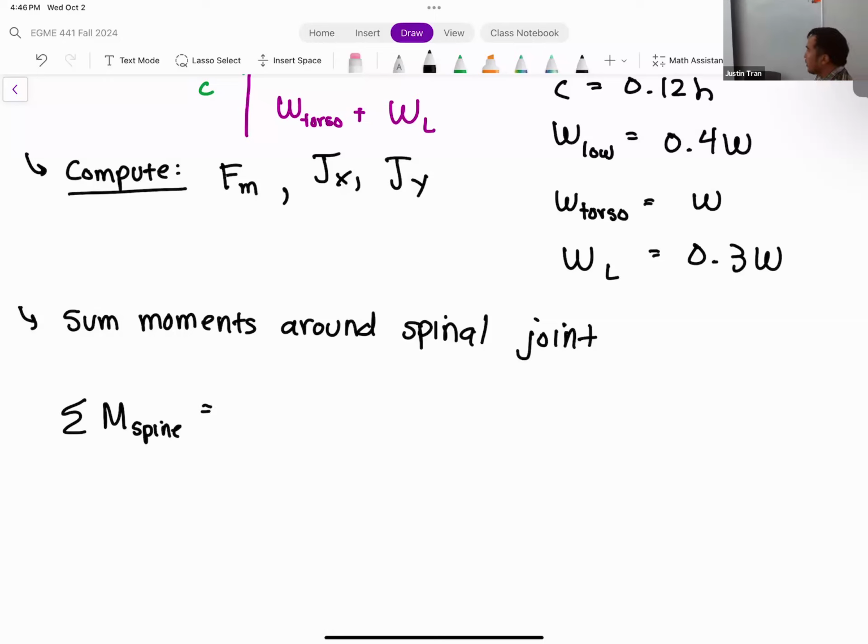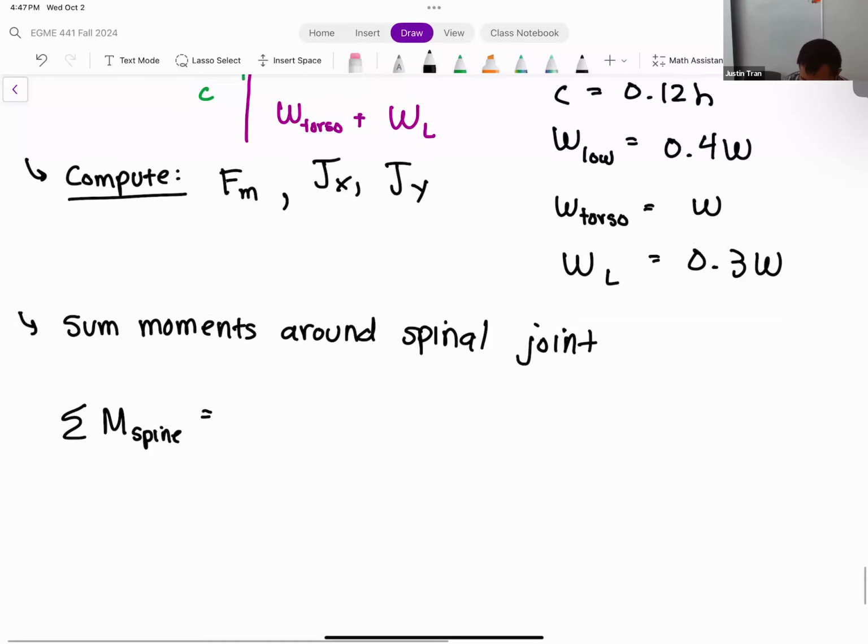The way our moment arms are given is very convenient because we don't have to do any components in terms of x and y. All the distances are given perpendicular to the vectors. So I'm simply going to take the product of each force multiplied by its moment arm, and give it the appropriate sign.